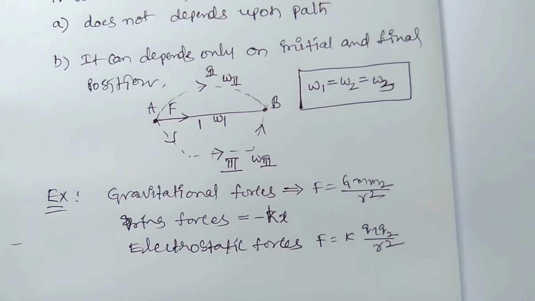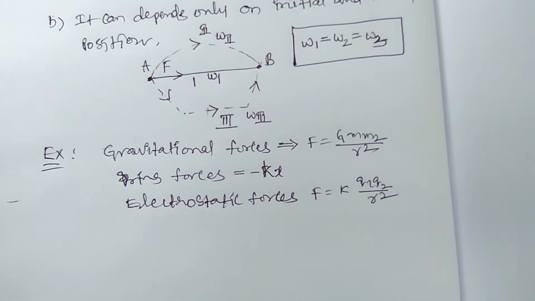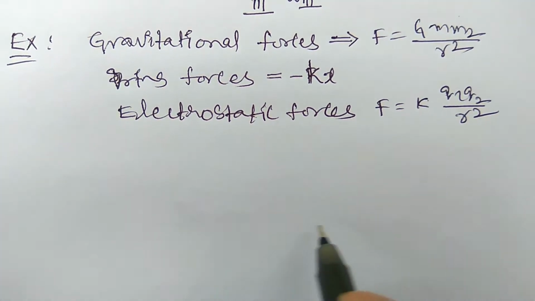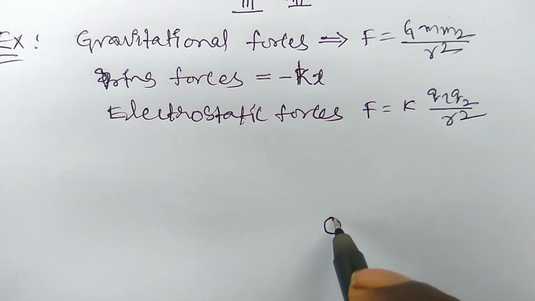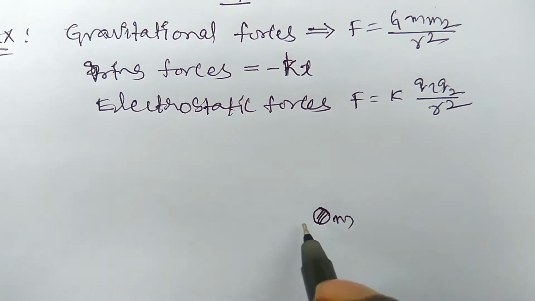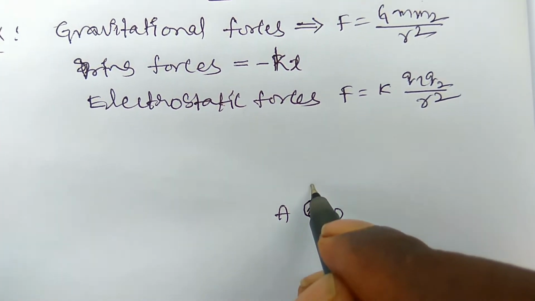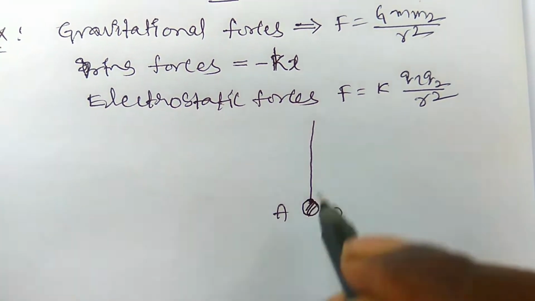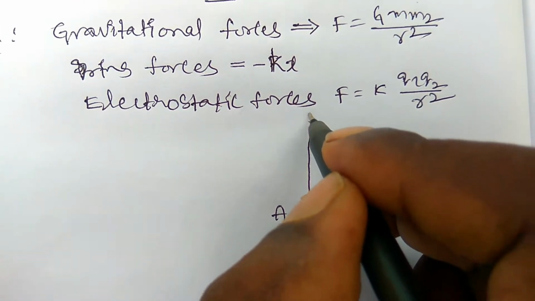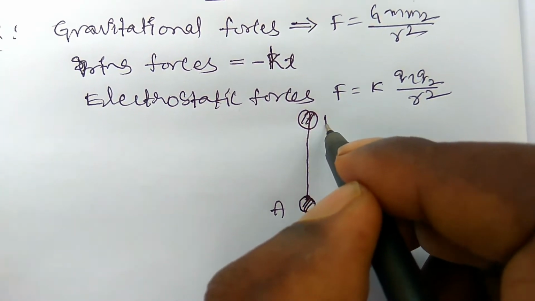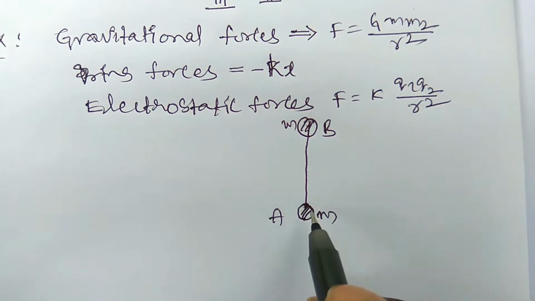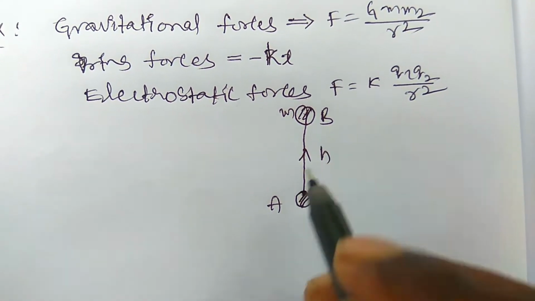One more example you have to see. Here there is a body having mass m at point A. It will be moving upwards to point B, so this is the mass at the height of h.